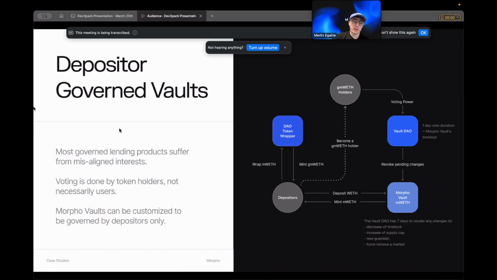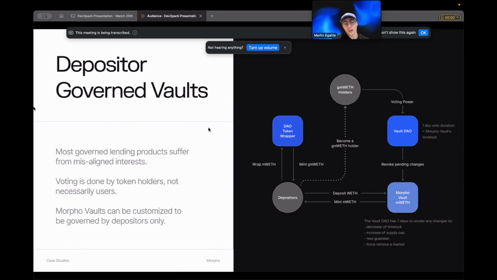And one interesting thing that you can do is create a sort of mini DAO at the vault level where depositors of the vault have a say and could vote for revoking an action, such as adding a new market.